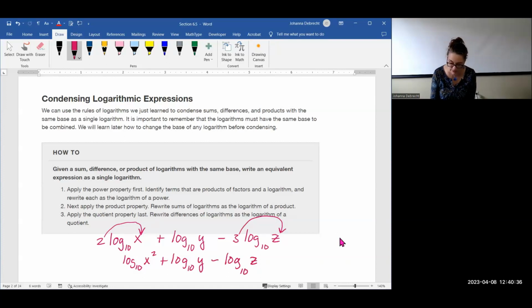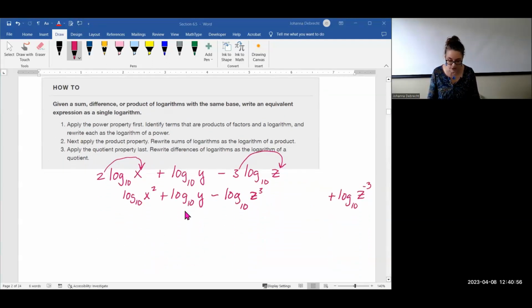Now, some of you might have rewritten the last term only as plus log base 10 of z to the negative 3. And I forgot my 3, didn't I? I said it, but I forgot to write it. You can do either one of these. They're both correct, and I'll show you why they lead to the same thing. So if I have this expression right here, the next thing I want to condense is any additions. I want to put my additions together.